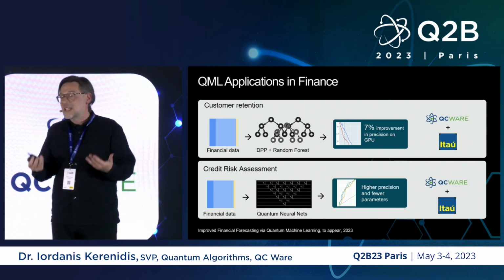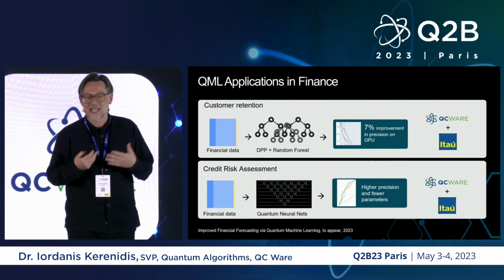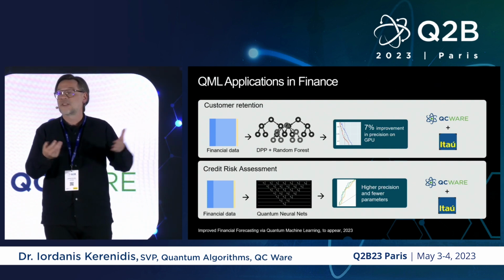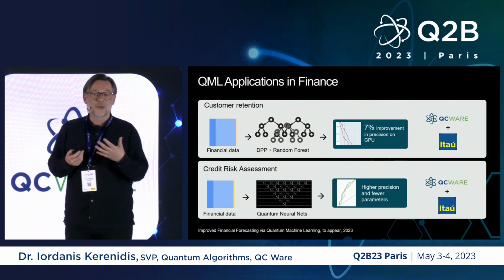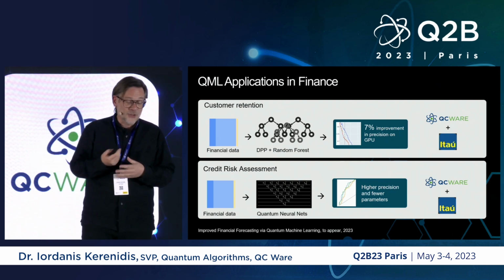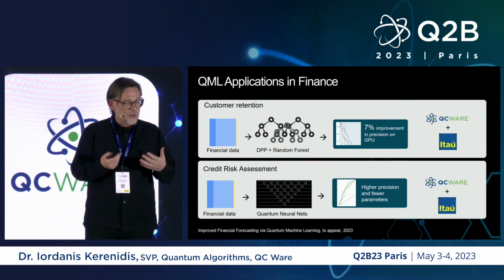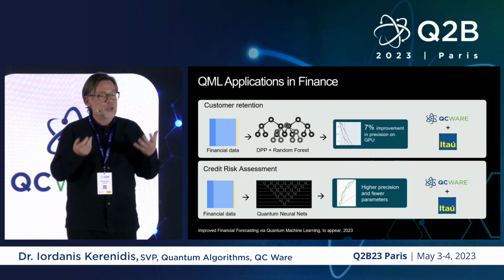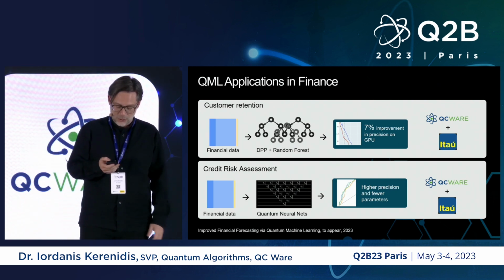The bank needs to predict if they would be okay, if they should give the credit, or if they will default, right? How do we predict this behavior from whatever financial data we have about these companies? Here again, we developed some quantum methods and some quantum-inspired neural network methods, and we managed to get higher precision with architectures that have fewer parameters when we run them on the GPUs.